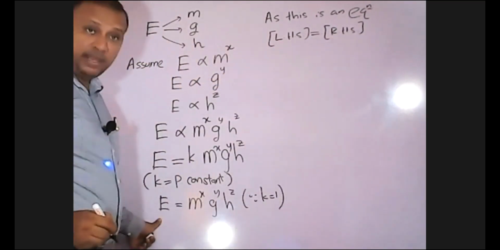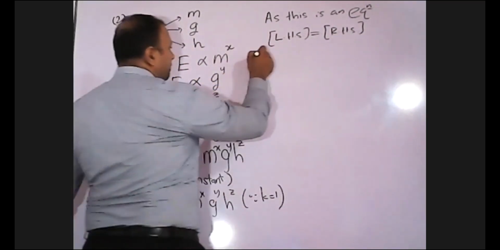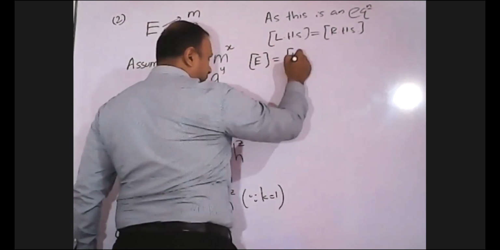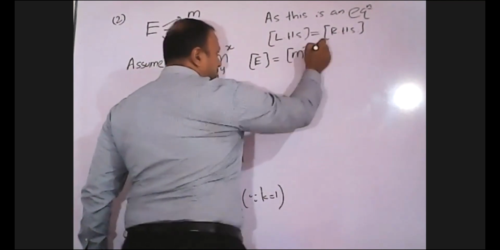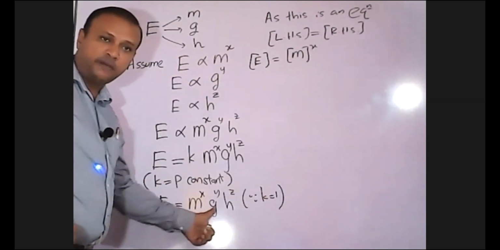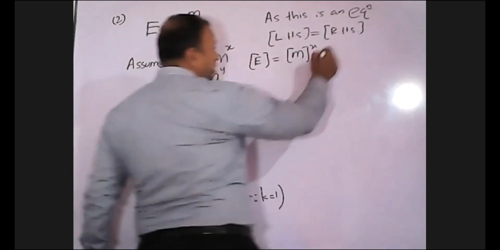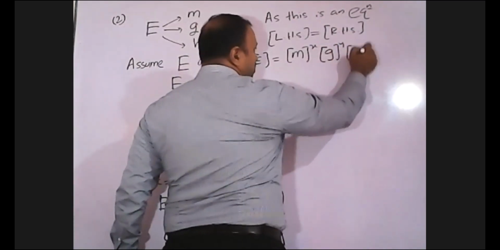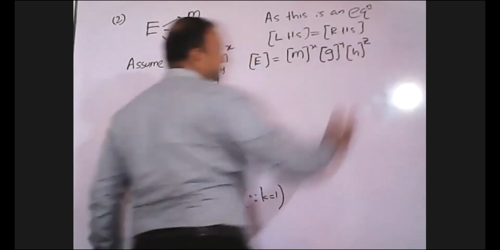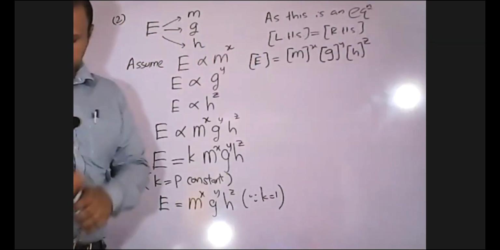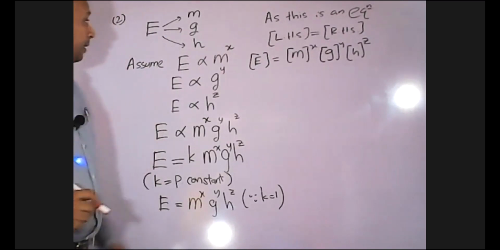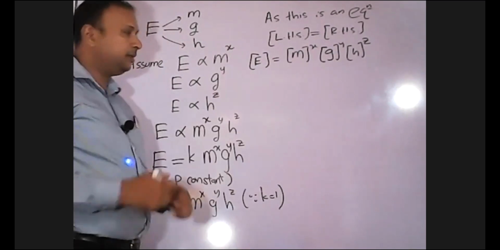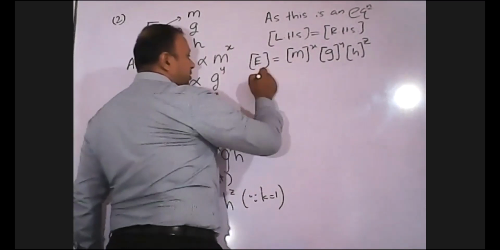The dimension of the left-hand side means the dimension of E. The dimension of E should be equal to the dimension of m to the power x, the dimension of g to the power y, the dimension of h to the power z. This is the dimensional equation. So you have to simplify this equation. What is the dimension of E?